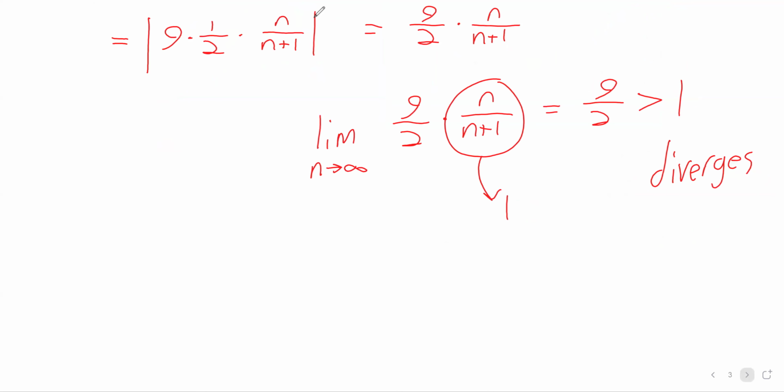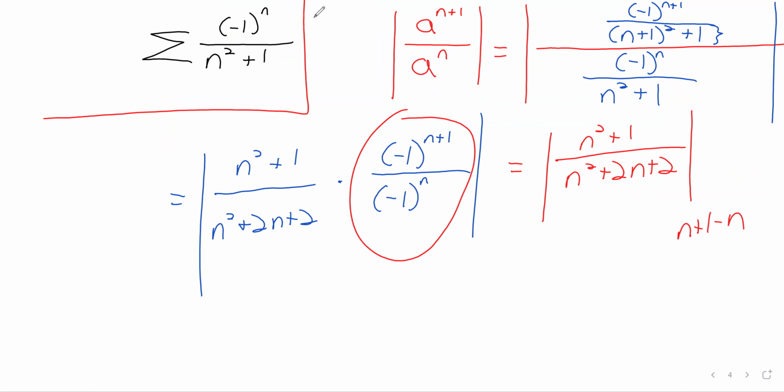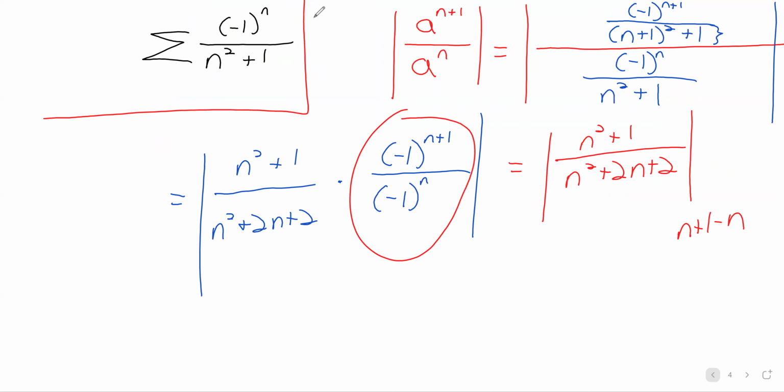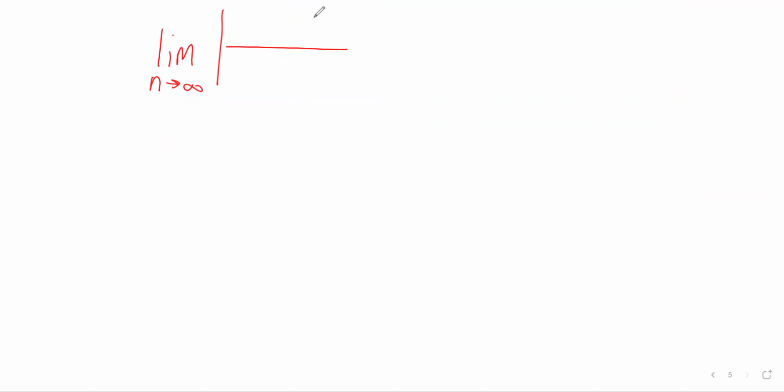So the fact that there's no real simplification isn't the problem. The problem is that when we take the limit of this rational function, well, we hit it twice with L'Hopital's rule.